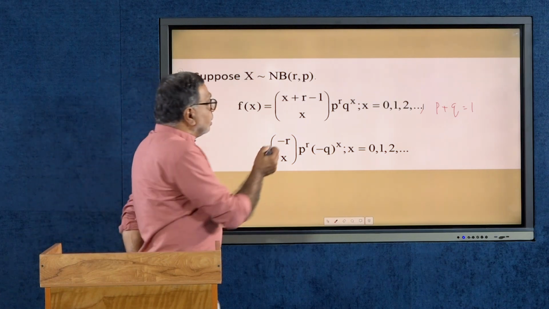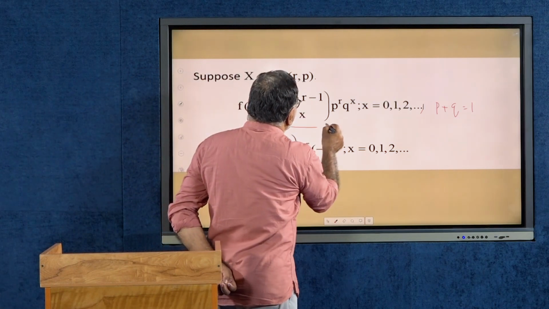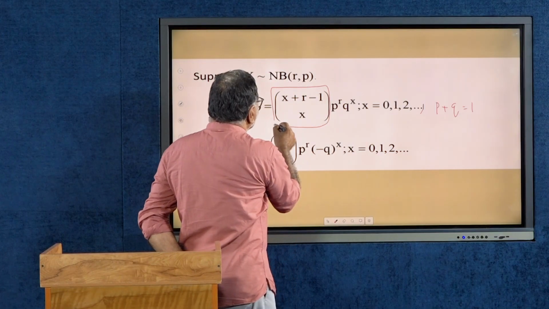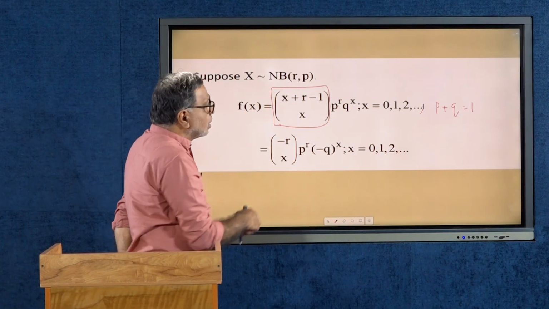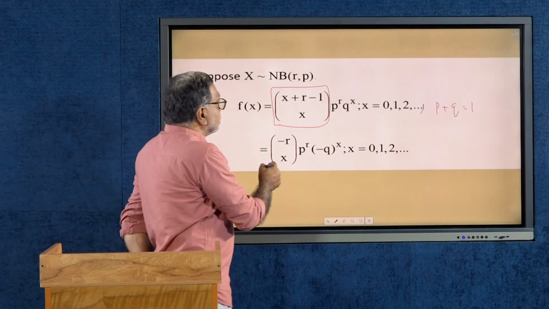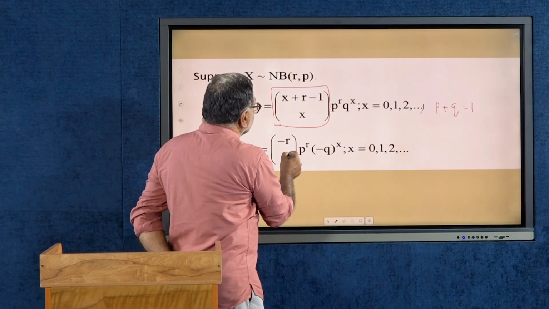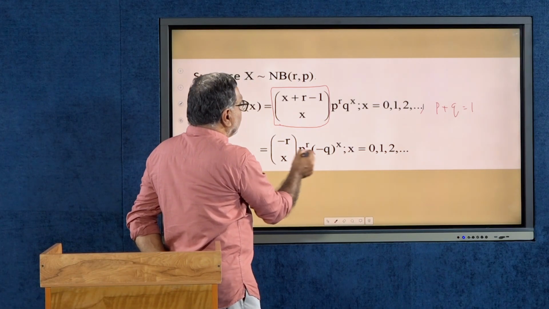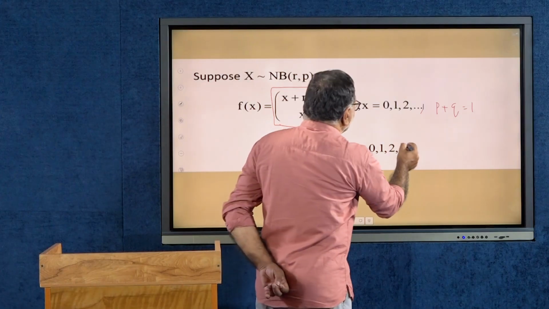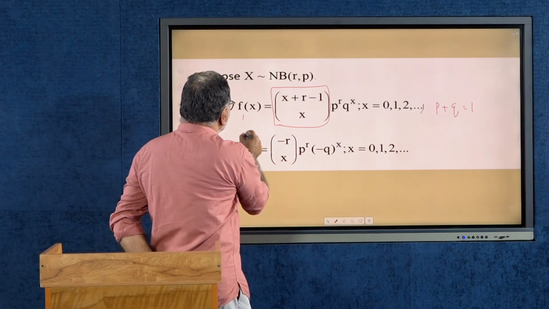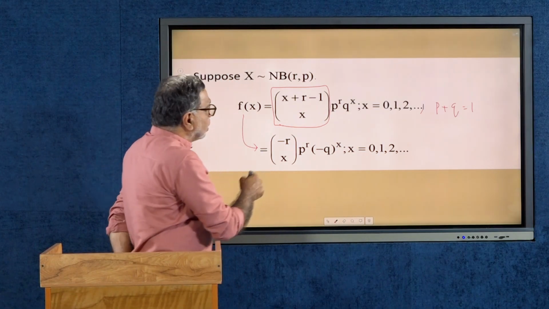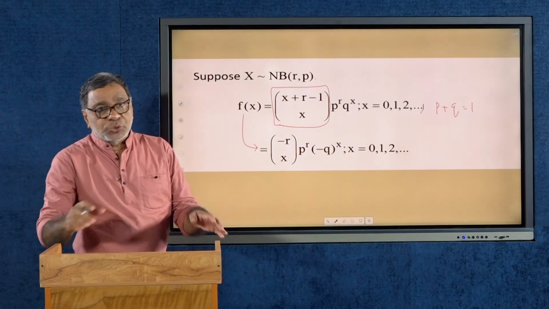And we can write this (x plus r minus 1)Cx in another form, and that we expressed in the last session. That is, this minus rCx into minus 1 power x, or combine this. So, we can represent the probability mass function of the negative binomial random variable in this form also.